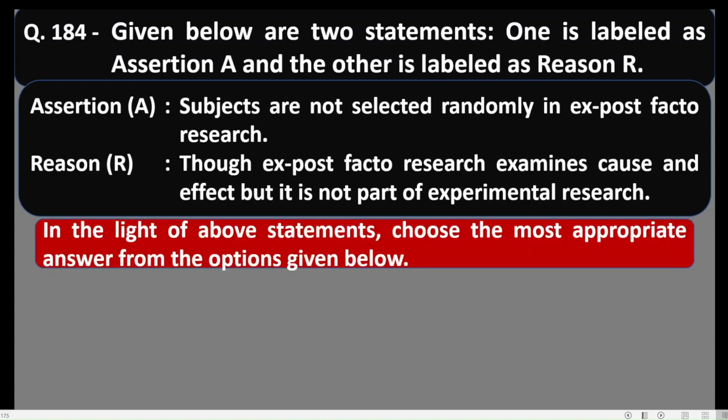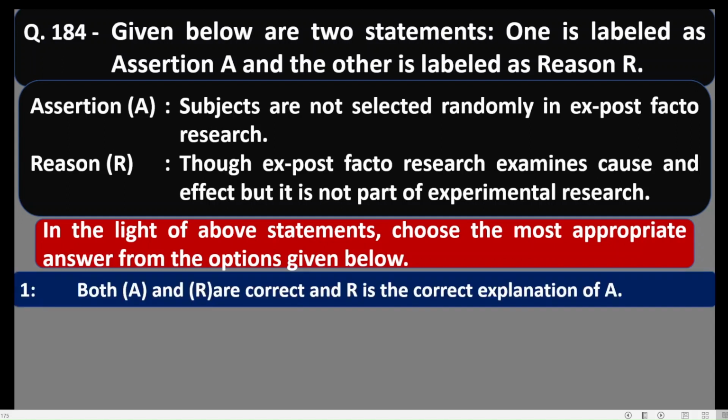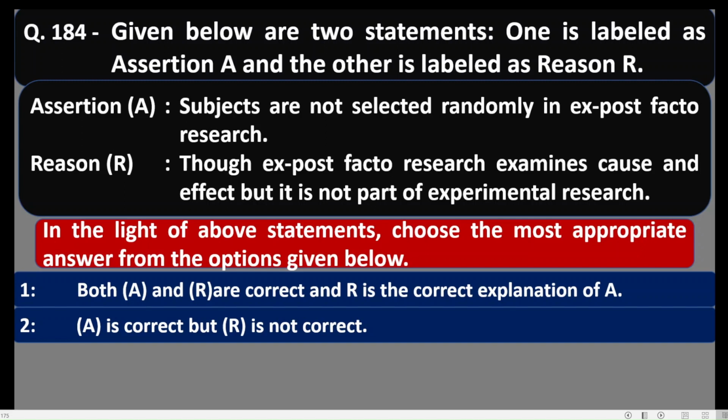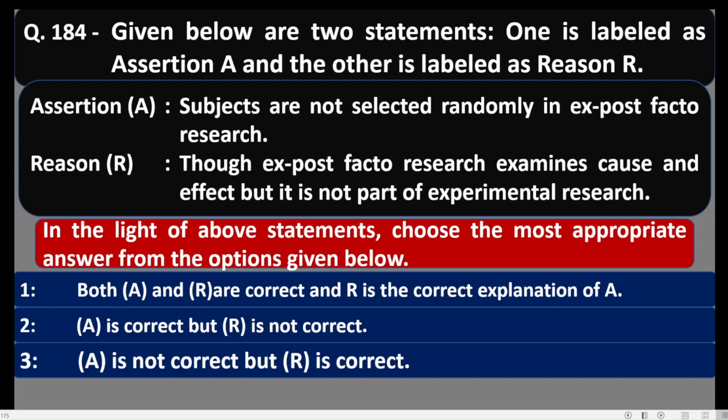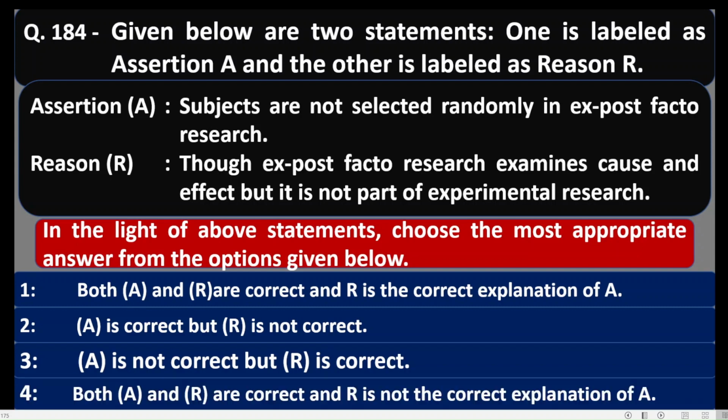In the light of above statements, choose the most appropriate answer from the options given below. Option number 1. Both A and R are correct and R is the correct explanation of A. Second, A is correct but R is not correct. 3. A is not correct but R is correct. 4. Both A and R are correct and R is not the correct explanation of A.